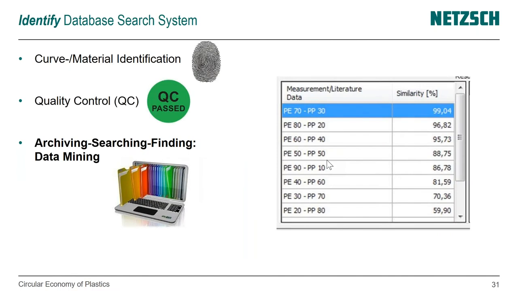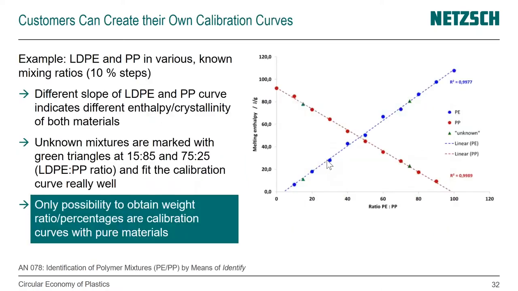Searching, we just saw. But the archiving is interesting when we think of recurring materials that we have. Either it's a research study or it's material that you get constantly from the same supplier. There might be some possibility to create calibration curves. And I show here what we did for the LDPE and PP, the whole study where I showed you the 20/80 ratio that I had all the examples for.